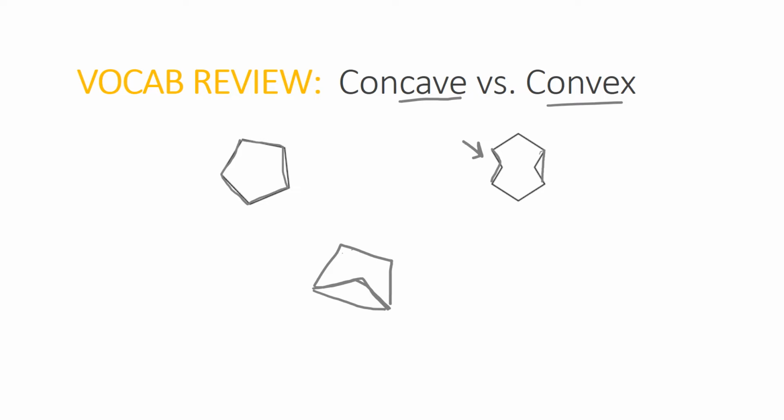Whereas on my convex ones, if I draw a line, all of my lines from each point would be on the inside of the shape, because if I were to draw a line from these two vertices, it would be right on the edge of the shape. So again, a concave shape has something that goes inside of the shape, or I can draw a line from two points of the shape that would be on the exterior. Convex is when all of the lines that I draw from every single vertex of the shape would be on the inside of my shape.